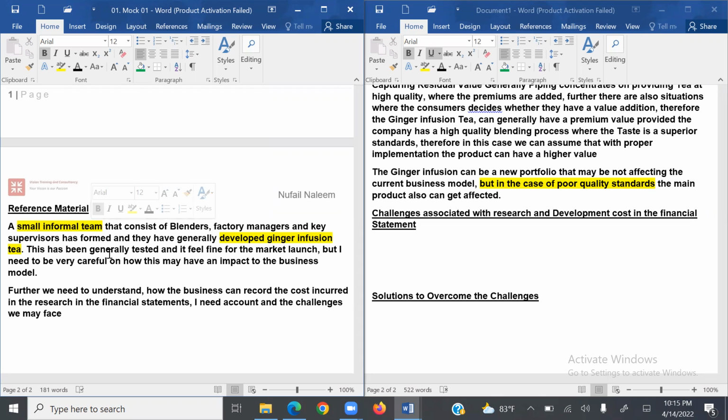And if an informal team conducts a research, do they have proper source documents for the expenses they would have incurred? So can there be a situation that there is no hierarchical authority? So can I say the main challenge that has taken place here is the informal team has done this. Are you clear with that, Malik?